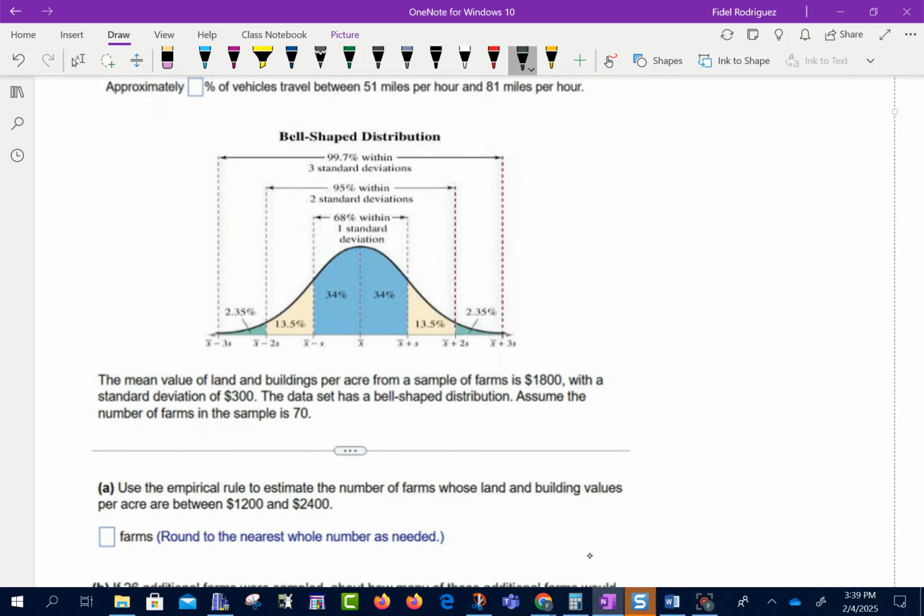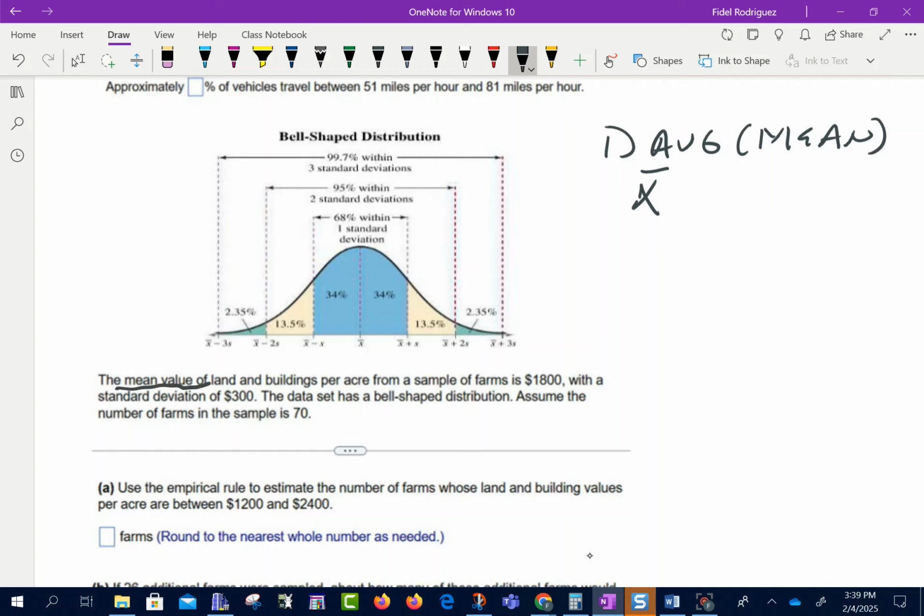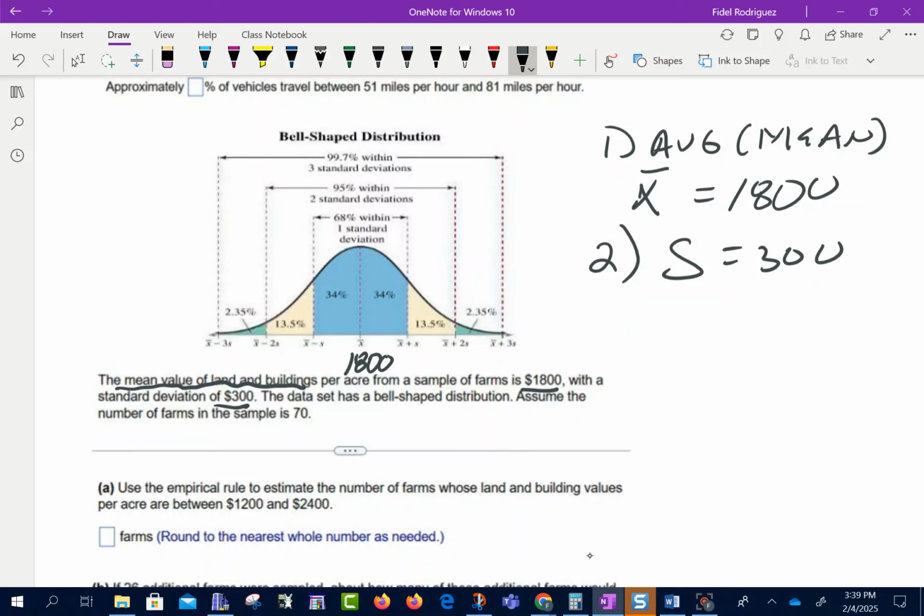So look, y'all, step number one, we're going to find our average, which is the same thing as what we call our mean. So my X bar, it says the mean value of land and buildings is $1,800, okay? Second thing, with a standard deviation of $300. So right here in the middle, y'all, that's going to be 1,800.